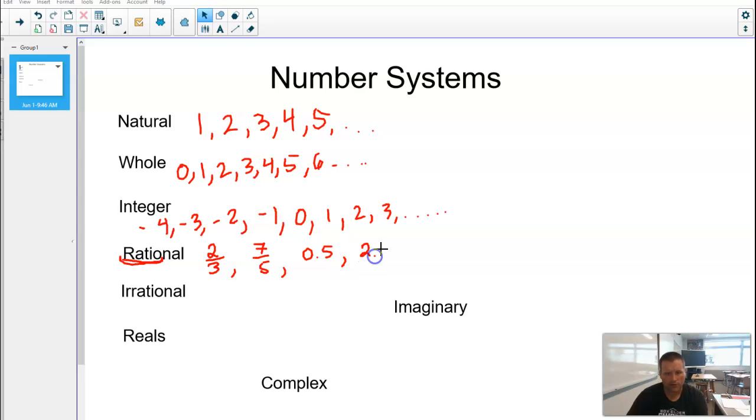So like if I had 2.33 repeating over and over again, that's 2 1/3, which again, that repeating makes that a fraction as well. So decimals that end can be written as fractions, and decimals that repeat can be written as fractions. The definition of a rational is anything that has a ratio with it. So fractions in that way.